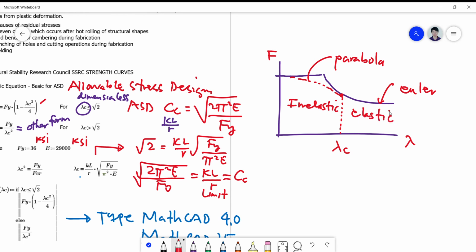Okay, so whether it's ASD or LRFD, it's just the same. The only problem is what is lambda sub c in LRFD and what is lambda sub c in ASD.